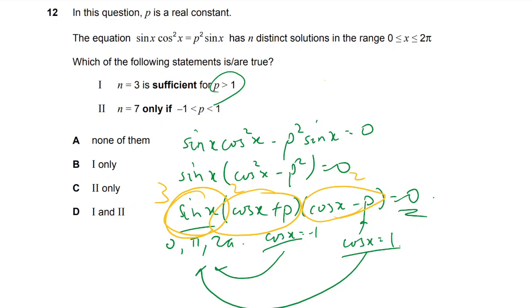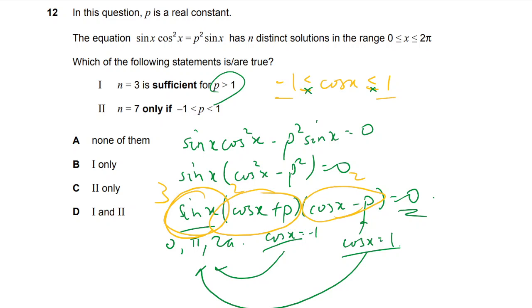So what's the range of the cos function? It's between -1 and 1. But when it hits -1 or 1, both ends, we said just now that it overlaps with the solutions of sin x, which makes n equal to 3 only. So we're going to get rid of the equal signs here, because that produces n equals 3, but now I want n equals 7.